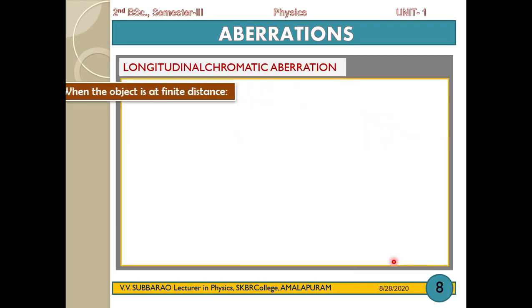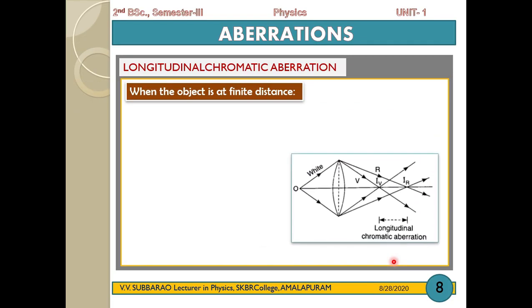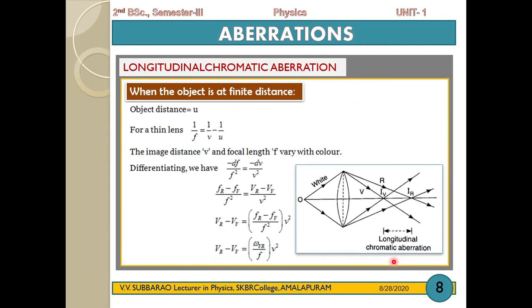chromatic aberration. Now let us derive an expression for the longitudinal chromatic aberration when the object is placed at a finite distance. Suppose here O is the point object placed on the axis and white light from O is allowed to be incident on the lens. Then dispersion of light takes place and various colors form images at various positions on the axis.